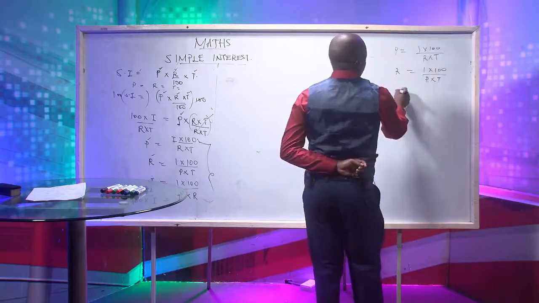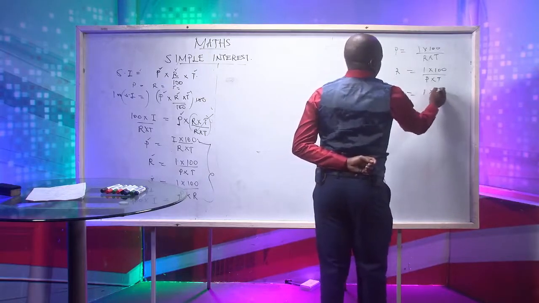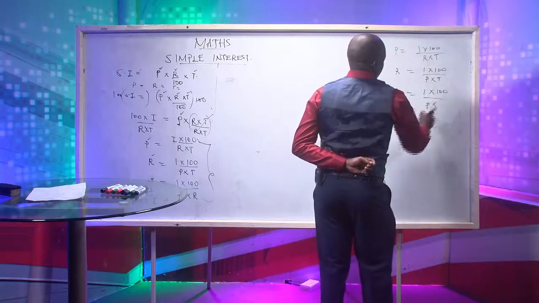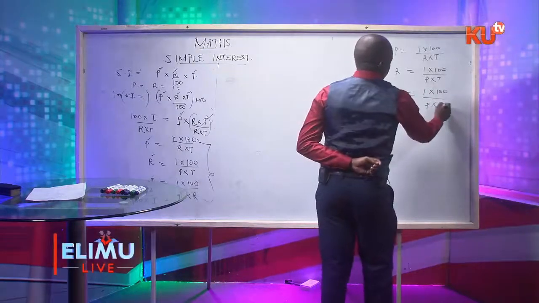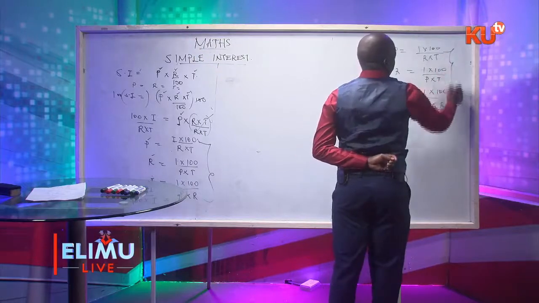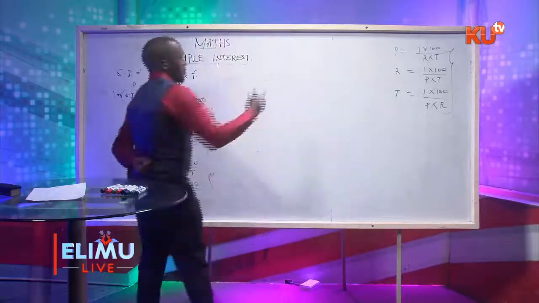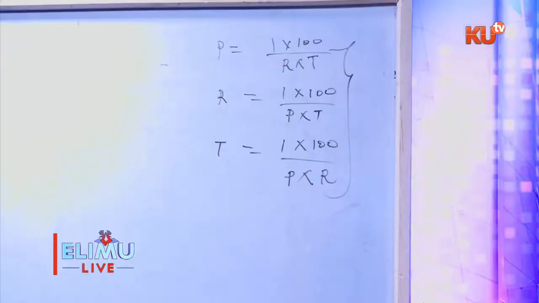And time is equal to interest times 100 over principal times rate. So this group of formulae will help us in calculating the sums that we are going to tackle.